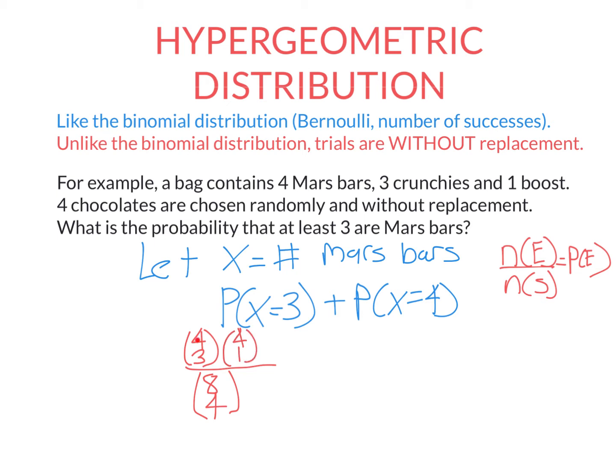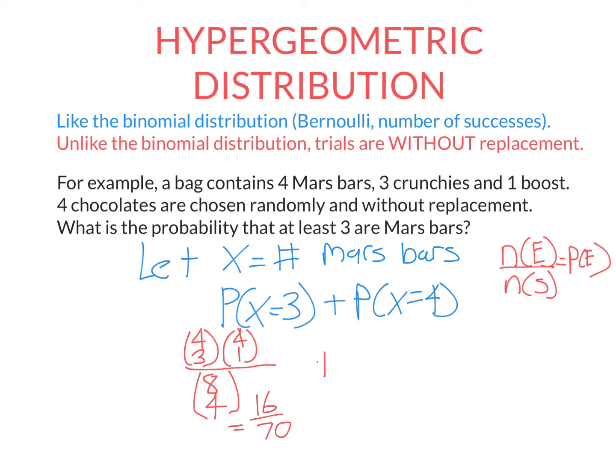So of the 4 Mars bars, I'm picking 3, and of the 4 other chocolates, the crunchies and boosts, I'm picking 1. Putting that on our calculator, 4 choose 3 is 4, 4 choose 1 is 4, so it's 4 times 4, 16 over 70. We can just put those C calculations on our calculator.